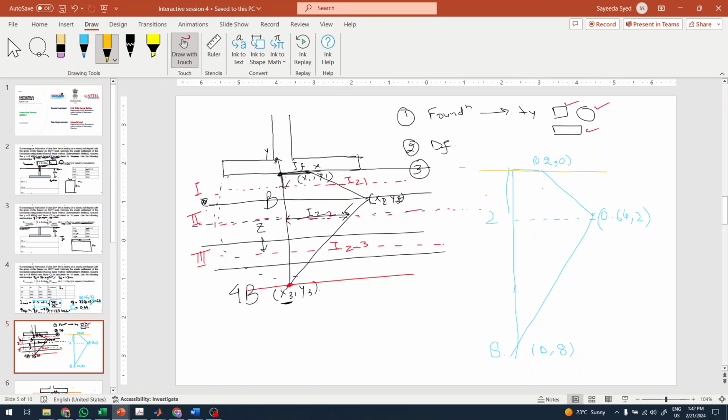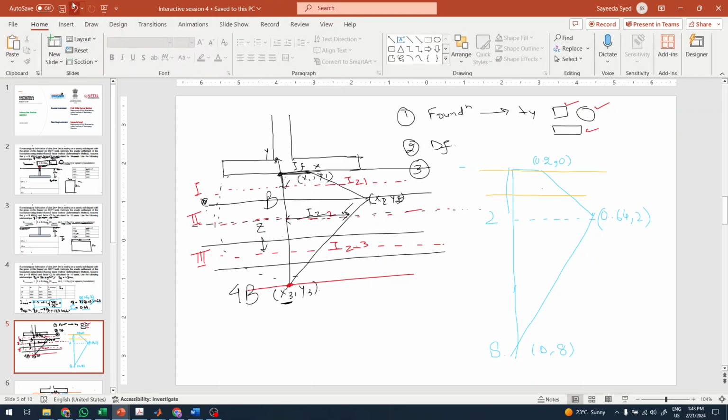We have a layer at 0.5 meter, we have a layer at 2.5 meter, and we have a layer at 5 meter.